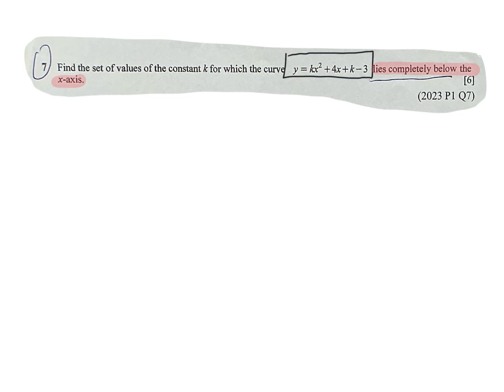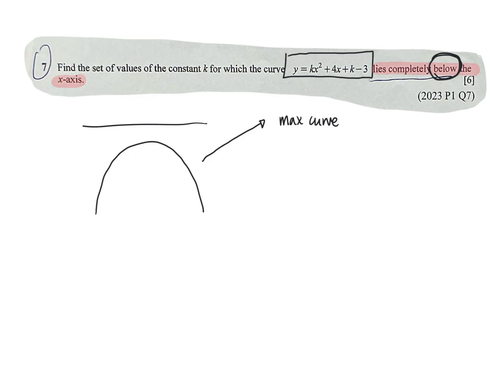Oops. Okay, completely below, my bad. If it's below means it must be like this. So it must be a maximum curve, which means the coefficient of x squared must be negative. So if you look at your graph, this must be less than 0. So this is the first part you know.